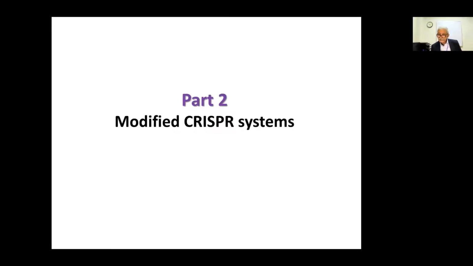Now, the biggest problem with CRISPR-Cas9, just like the zinc finger proteins, is its non-specific binding. Non-specific binding means genomic DNA is a big molecule. Billions of nucleotides are there. With 20 nucleotides, there are chances that a sequence very similar to the selected protospacer can also exist at some other chromosomes, at some other places.